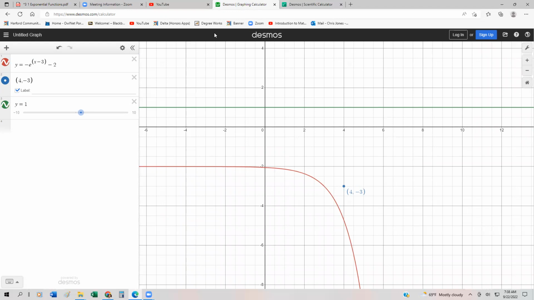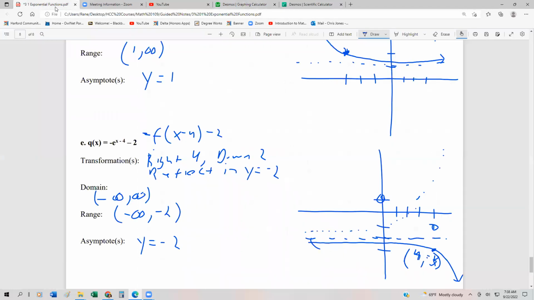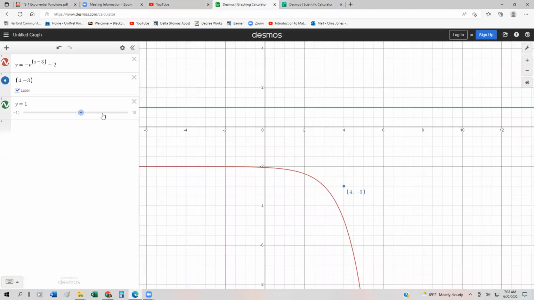So that's not good. Unless I didn't move far enough. So that's right 4, right 2. Down 2. 4 comma -3. Let's see if I just made a mistake. 4 comma -5. Nope, that's not on there either.